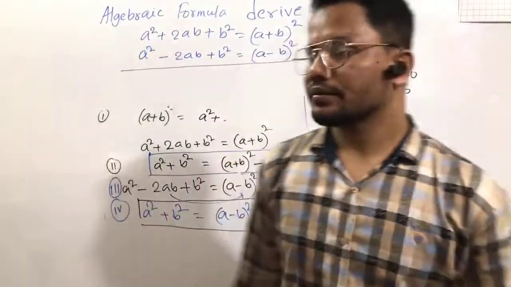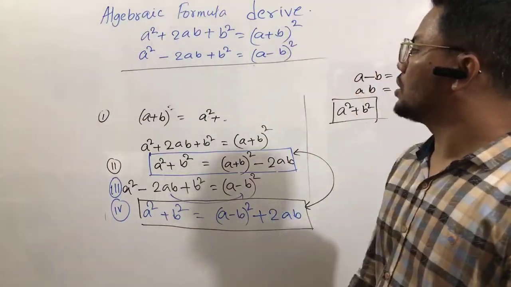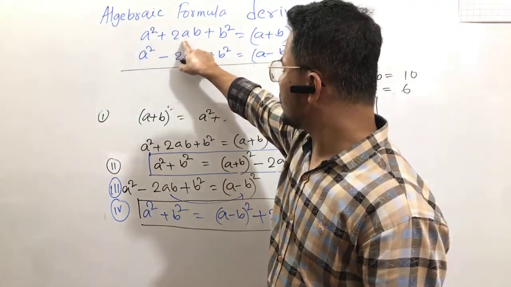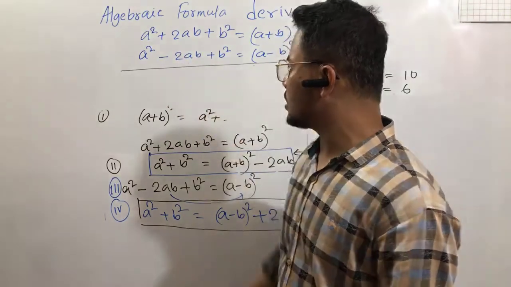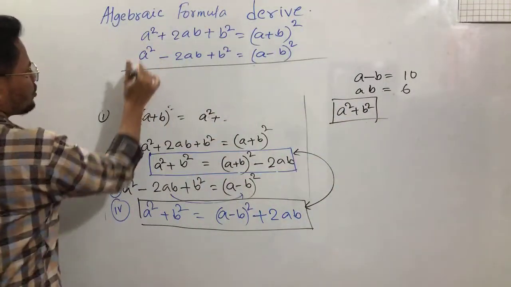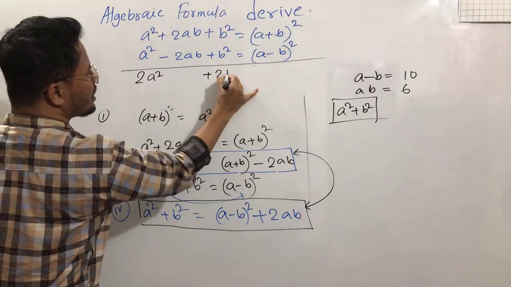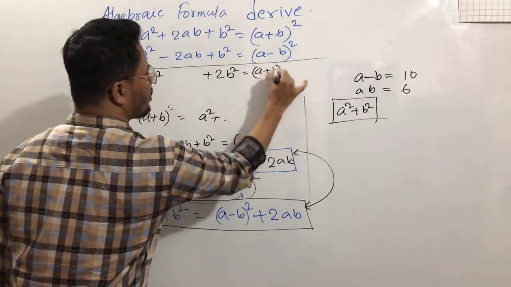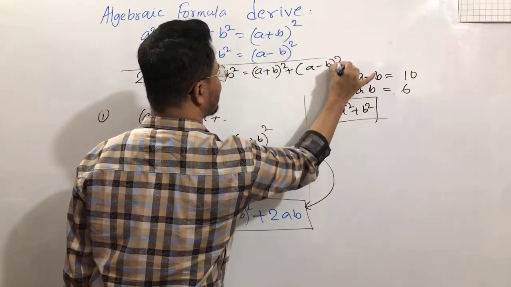My dear students, if we add the first one with the second one, what will be the result here? In addition, minus twice AB and plus twice AB will eliminate each other. So here will be 2 times A square, and here 2 times B square, and this one is A plus B whole square plus A minus B whole square.